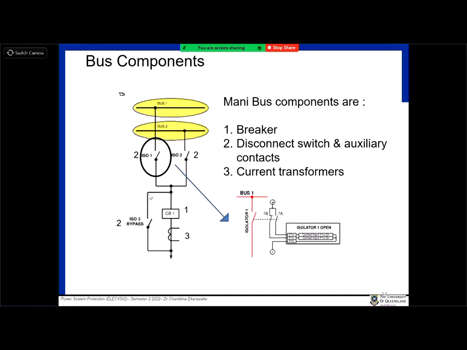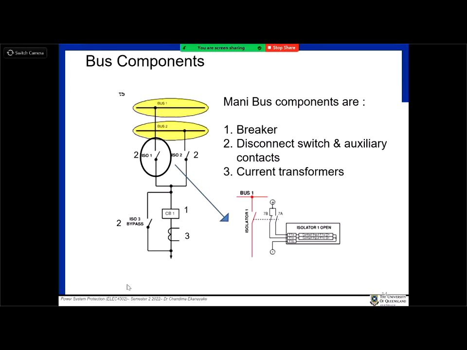And then sometimes, why do you have this sort of isolator? Across the circuit breaker, you have another isolator here. That's called the bypass isolator.